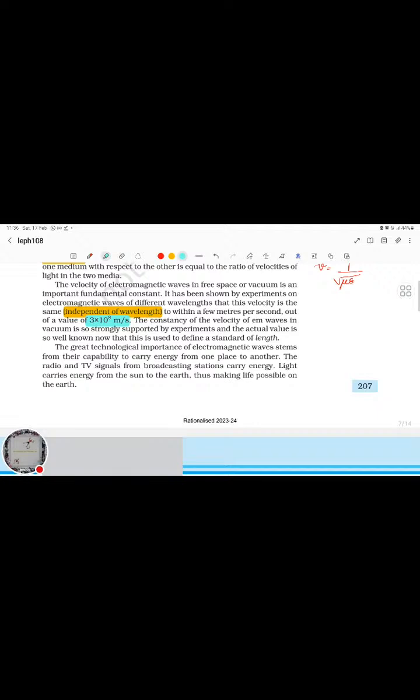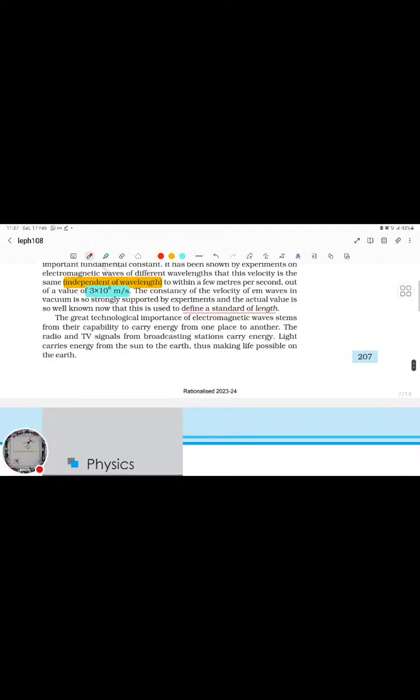So since this particular constancy has been proven by many experiments and many theories, we consider it a very important constant in physics. And that is why we have defined the standard of length with respect to the speed of light, that is, the length traveled by light in 1 by 2.99 into 10 power 8 seconds, I think we described it as the meter, the standard length. So that's what they're trying to say.